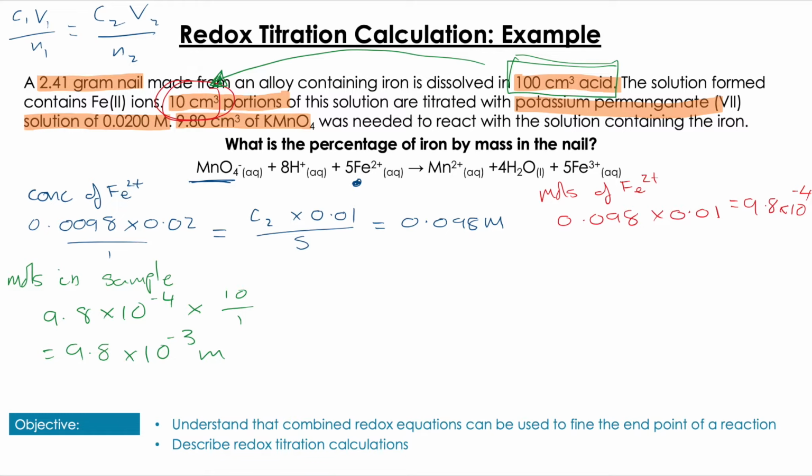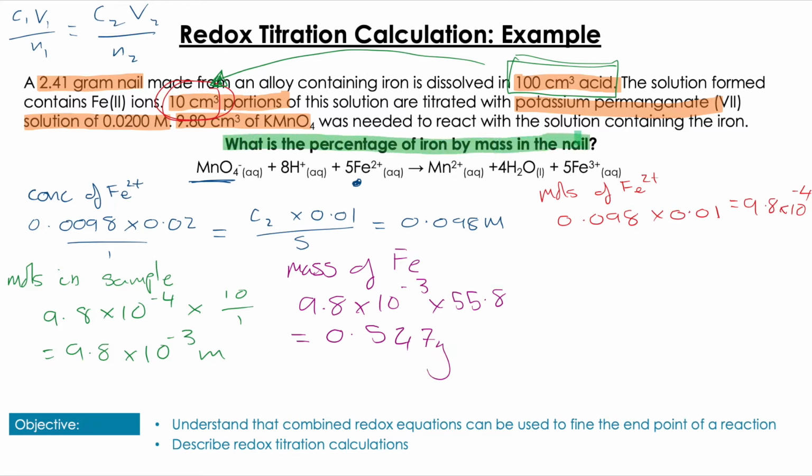And now we just need to find the mass of iron in that sample, so we need to now convert that number of moles into a mass using the molecular mass of iron, which is 55.8. Then I get 0.547 grams. Could be the answer to the question. However, I bolded it.